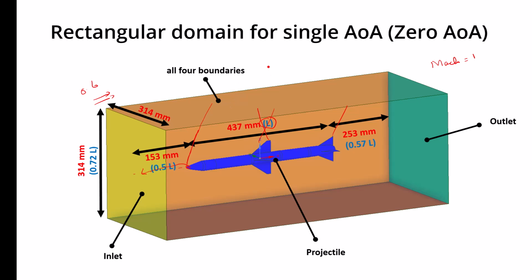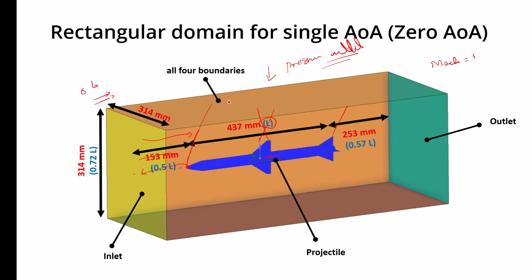Now I did it in some other case: I put a pressure outlet here, and this solves the problem. A non-reflecting pressure outlet solves the problem, but here I don't have a circular domain. It's a straight flow going there, a straight line, zero angle of attack.